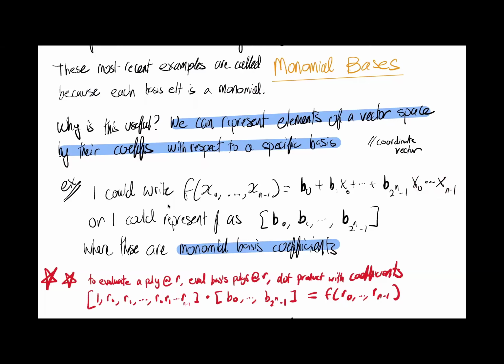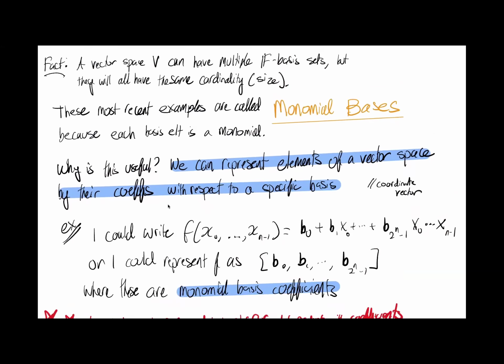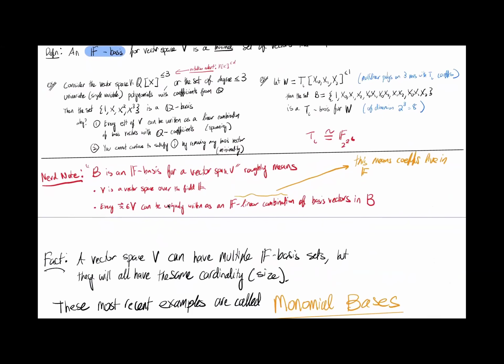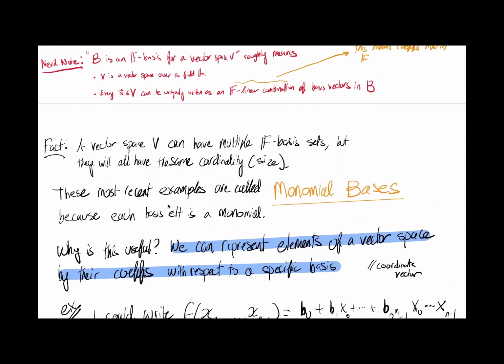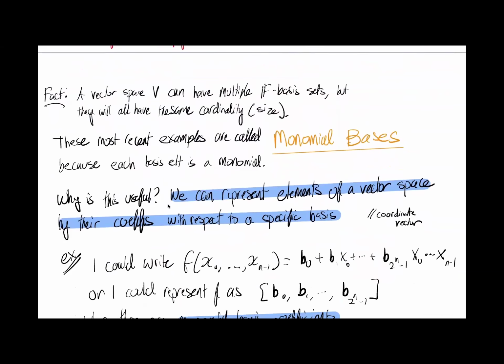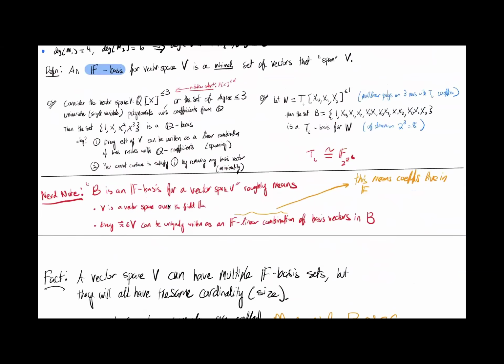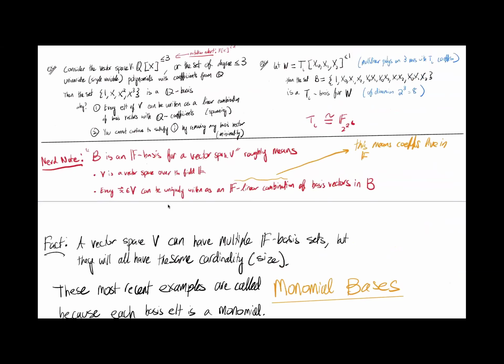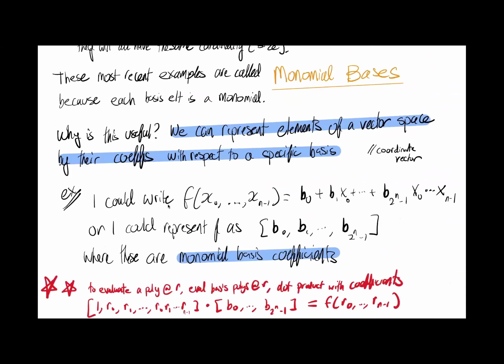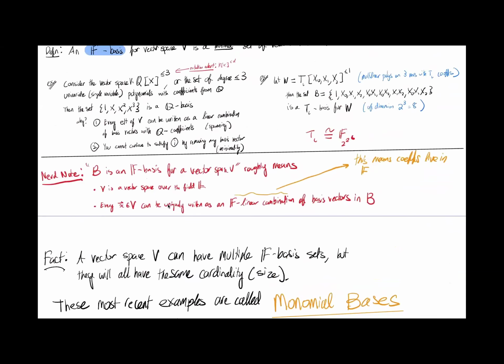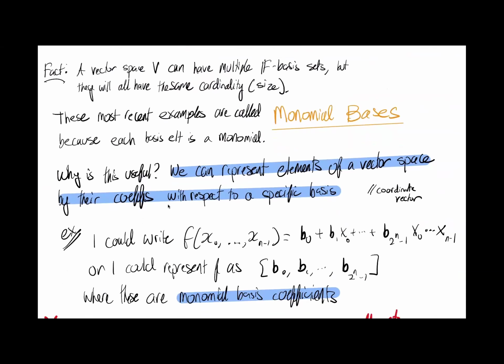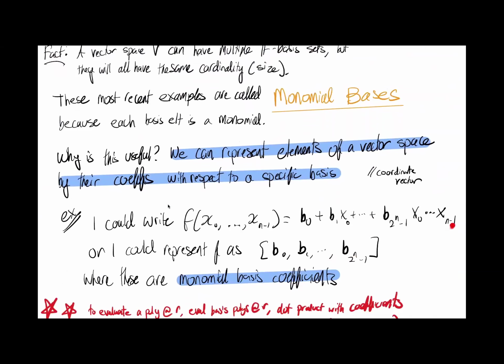Or I could represent it as just the coefficients b, where these coefficients are with respect to the monomial basis that I had above. Basically, if I multiply b0 by 1 and b1 by x0, and so on, the last b by the last basis vector, and then I sum all those things up, that's the same as f.